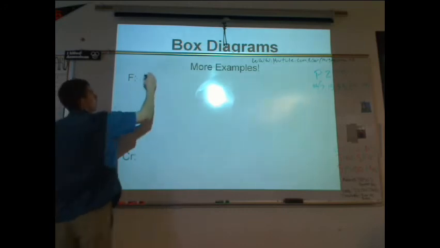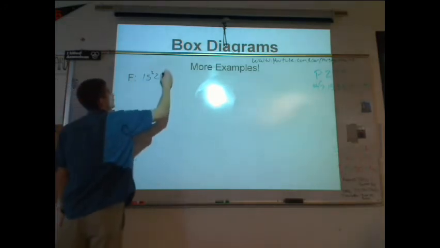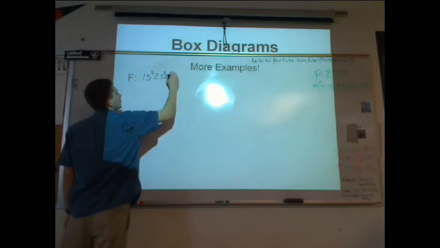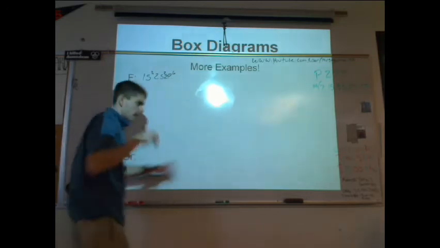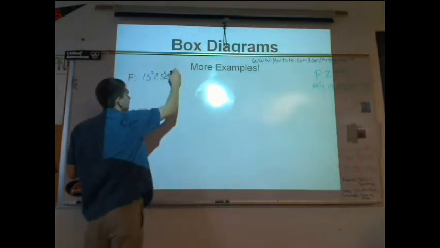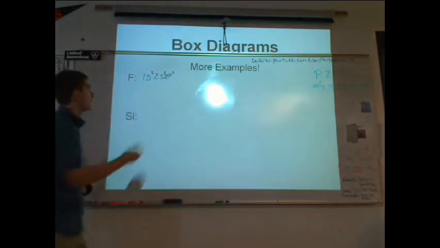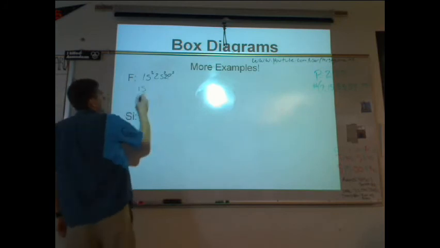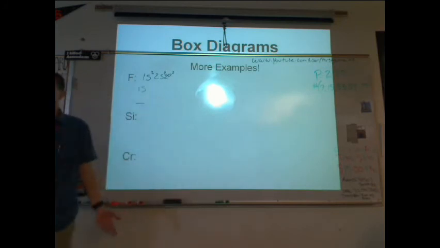1s2, 2s2, 2p5. Okay? So how I would write that is 1s, and instead of boxes, I just do lines.